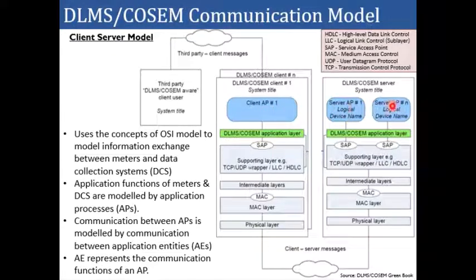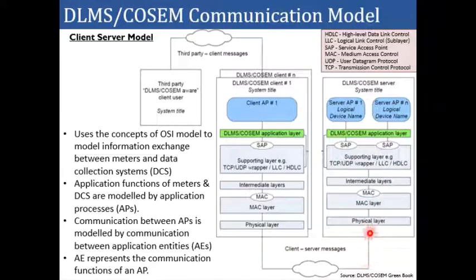Now these application processes will send data to the transport layer. How will they interact with the transport layer? They will interact through a service access point, and they will send data to the layer where the information is further sent to other layers like intermediate layers, the MAC layer or the physical layer.